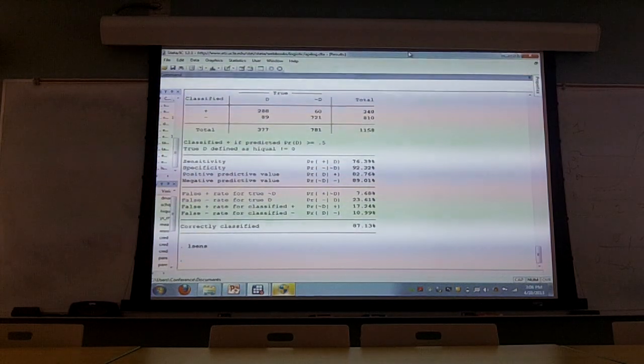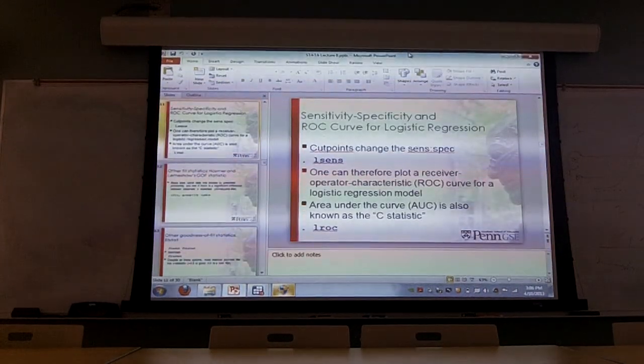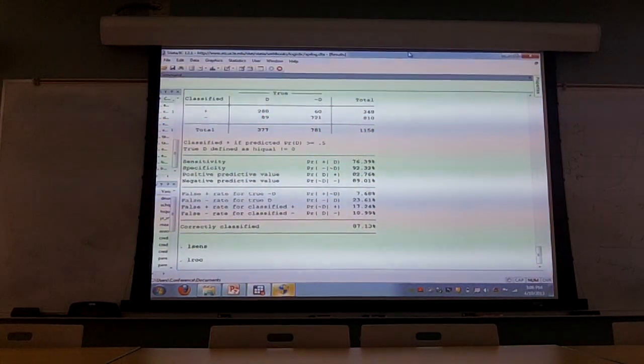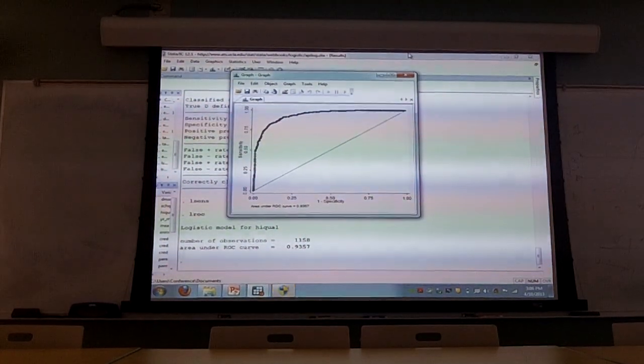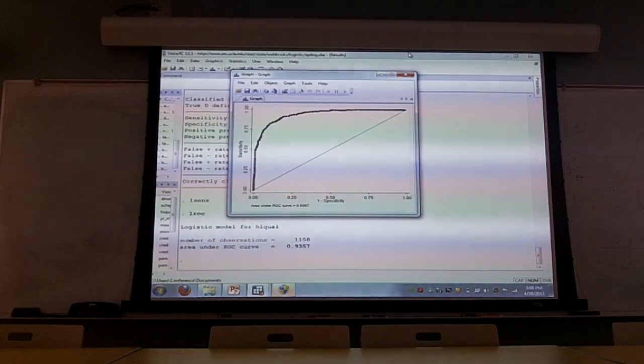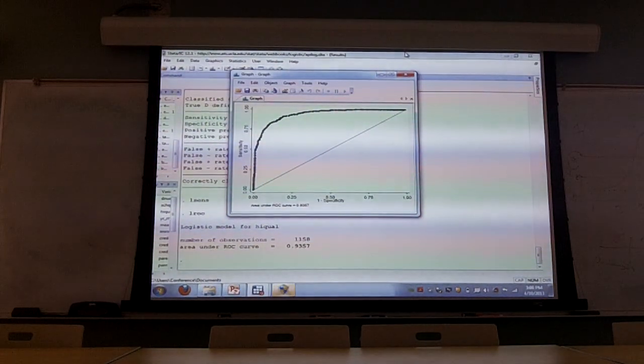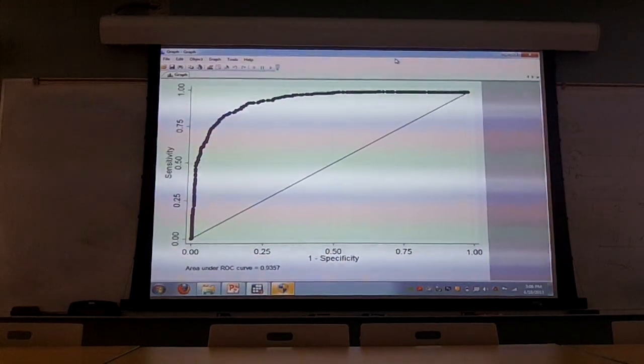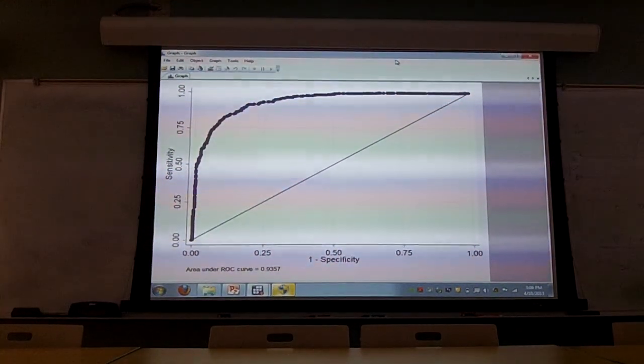Okay, then the next thing I want to do is show you about ROC curves. If I type in LROC, this gives me my area under the curve. Right?